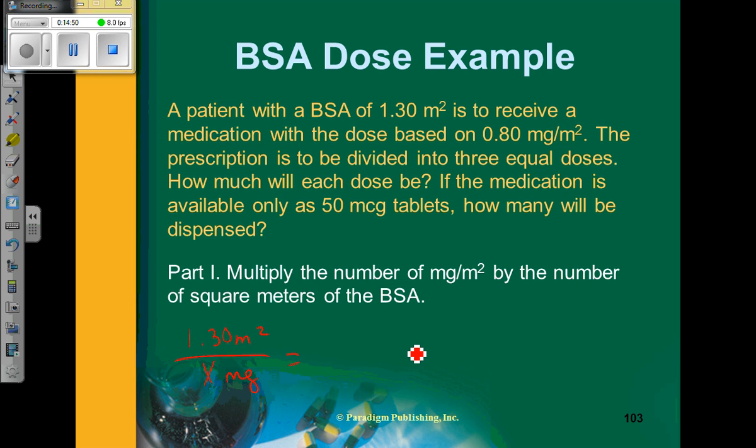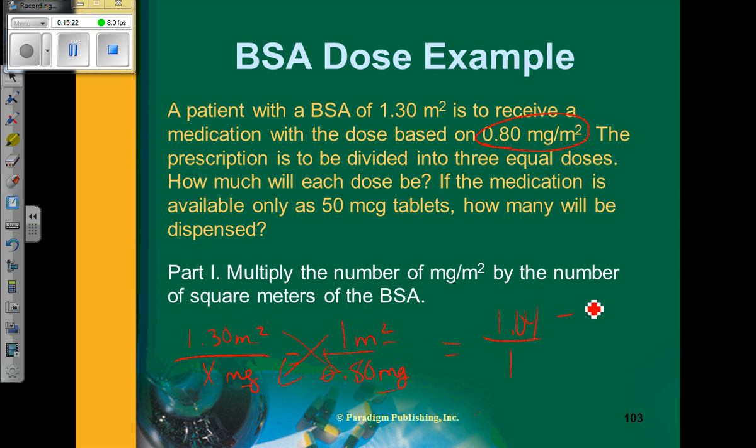Then the dose is going to be based on 0.80 milligrams per 1 meter square. And we have our units the same on the top and units the same on the bottom. Then you're going to cross multiply. X times 1 goes on the bottom, be 1. 1.30 times 0.80 will be 1.04.